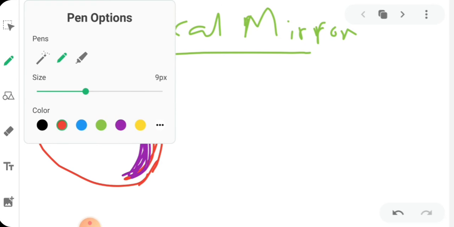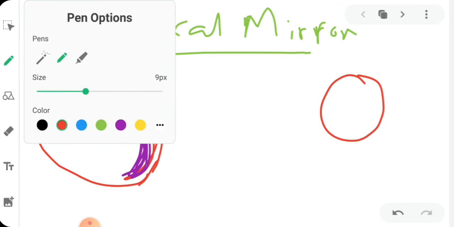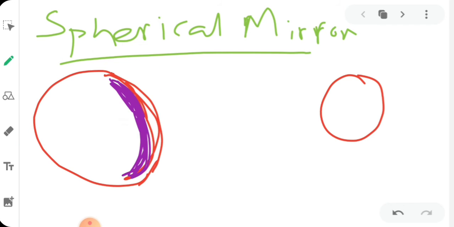Or suppose there is a spherical glass, a sphere itself, and now the reflecting surface is from outside, let us give from this side. So this is the reflecting surface from inside or outside on a hollow sphere of glass. Then such a mirror is known as a spherical mirror.